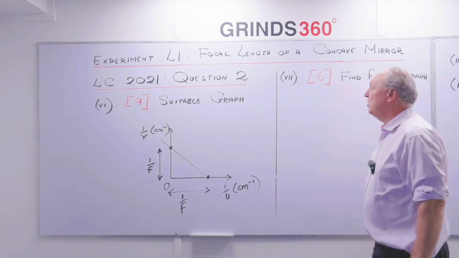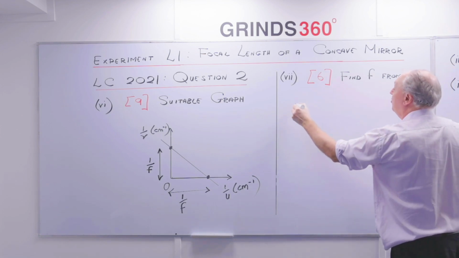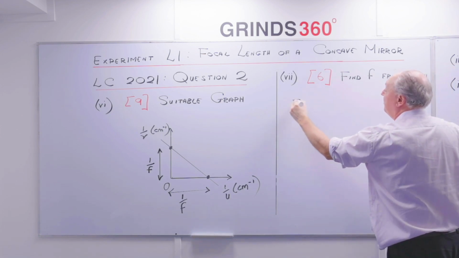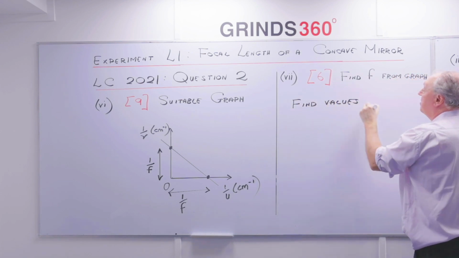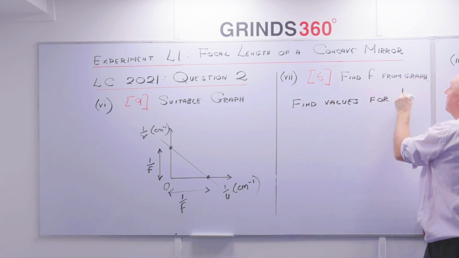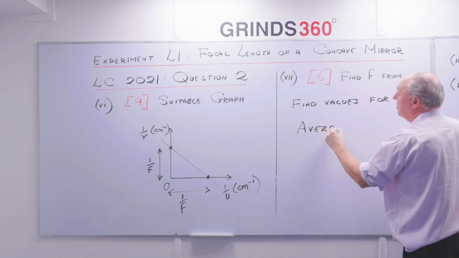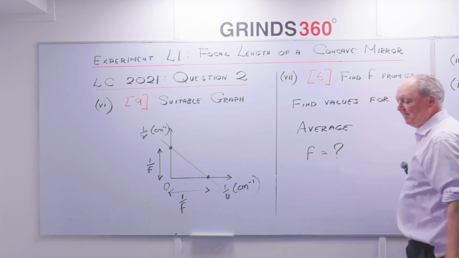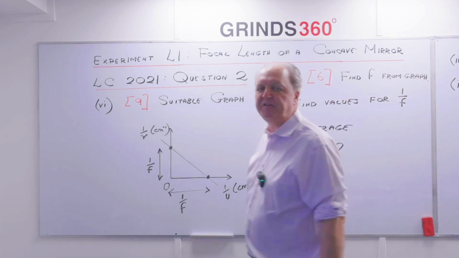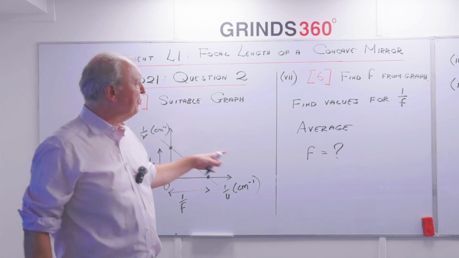So basically, what you need to do to find f from the graph, you find values for 1 over f. You'll average those values, and then you'll get your value of f by getting the reciprocal, turning it upside down, of that value of f. They're just asking me to explain it from the graph.